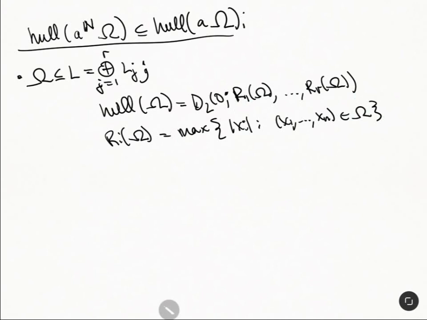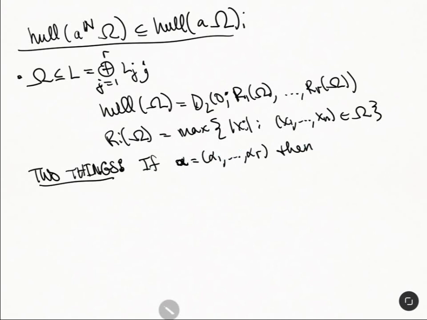Okay, so what can we do with this? Two things we can do. The first thing is, let's say alpha is equal to alpha 1 to alpha r.